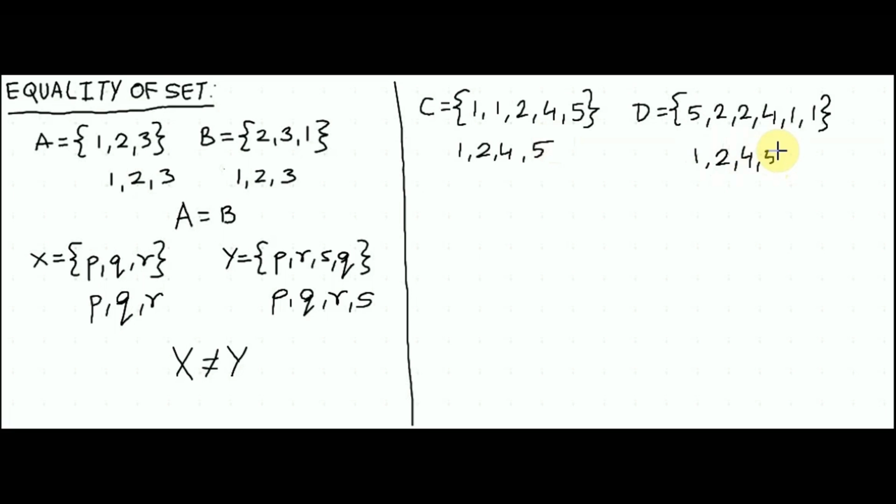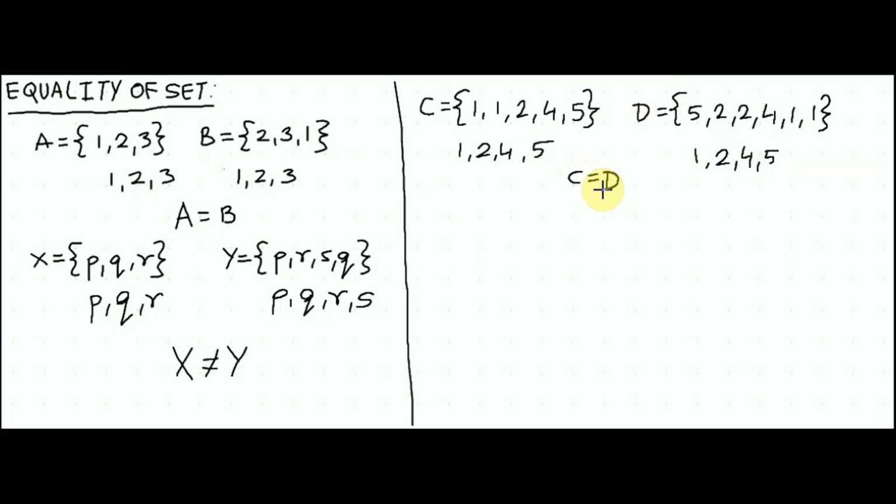I just have to check the elements which are present. That's why we generally do not repeat elements in sets. In both these sets the number of listed elements is different, but the elements are the same. So we can conclude that set C is equal to set D.